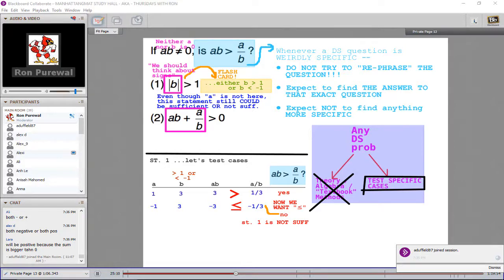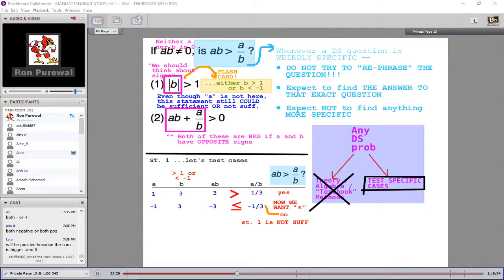Give me a smiley face if that makes sense. Both of these parts are negative if A and B have opposite signs.